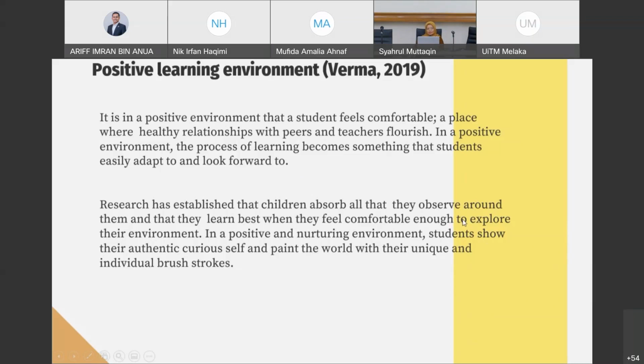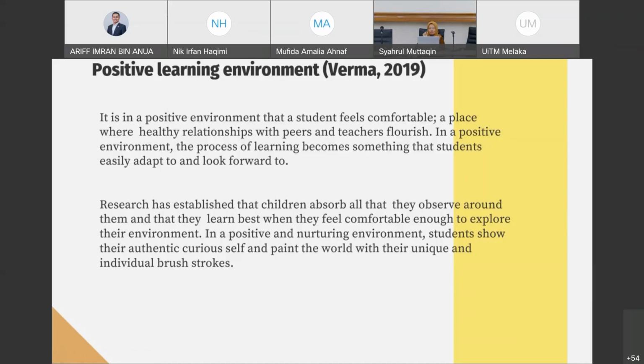As educators, we also recognize that when the students are placed in positive learning environments, they will feel comfortable enough to explore the environments and also the surroundings.